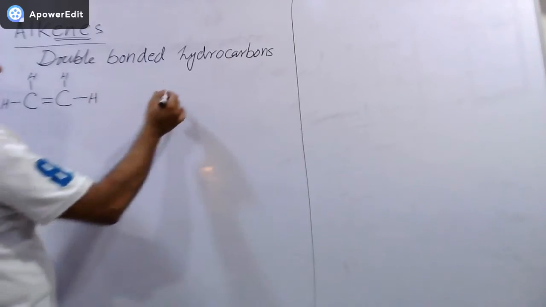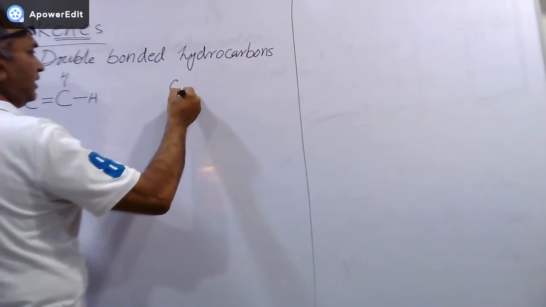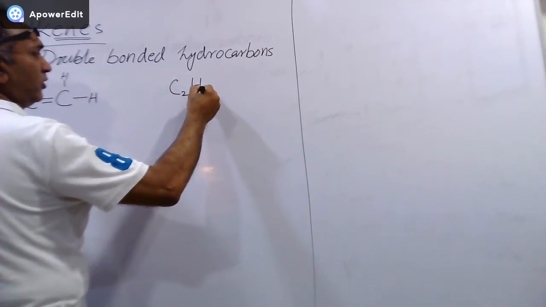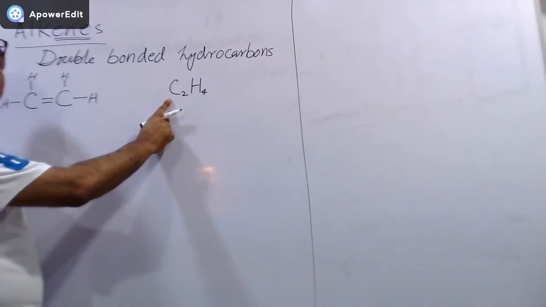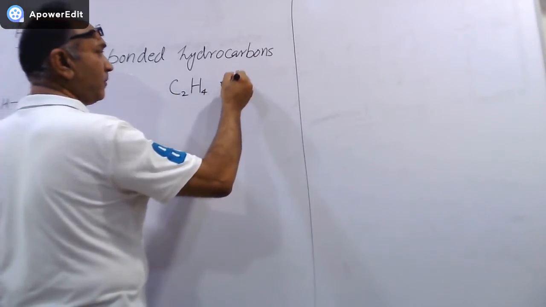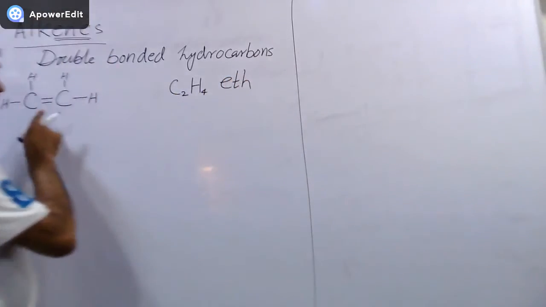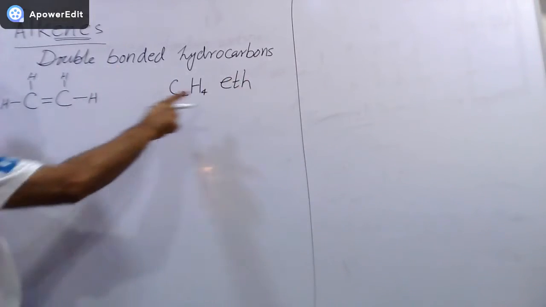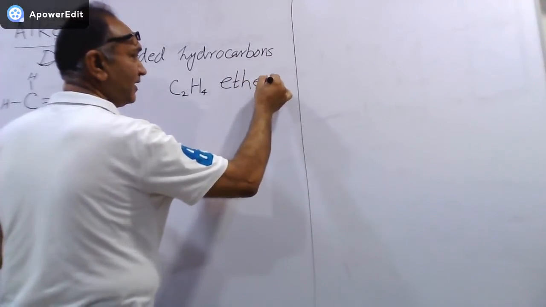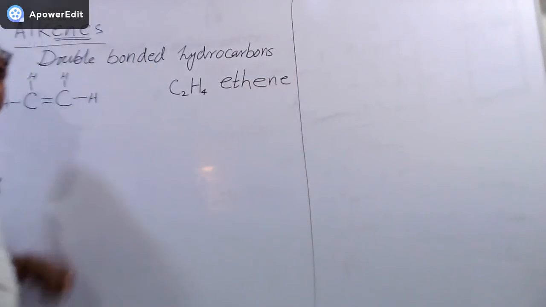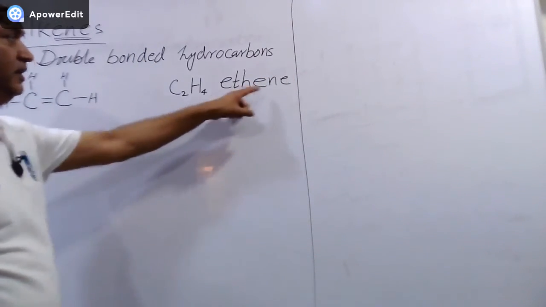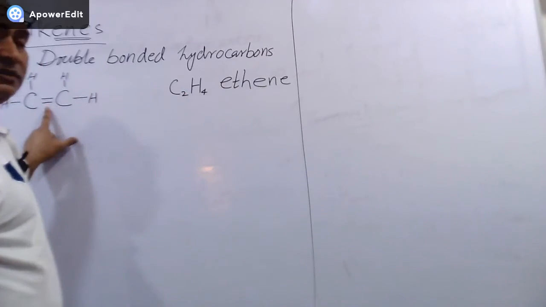So we write C2H4. What is the prefix for 2? Eth. Since we have a double bond, so what should we write over here? Ene. Ethene. Okay, ene represents the double bond.